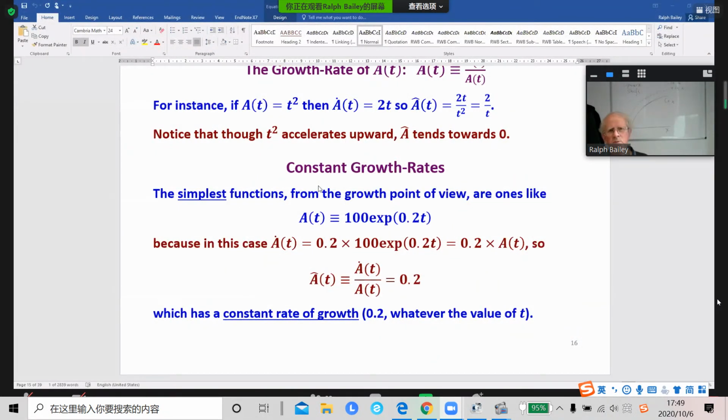If everyone who gets it infects a certain number of other people, greater than one, in a certain length of time, you'll get exponential growth. It has to end somewhere, if only because the population is finite. So functions of this type, 100e^(0.2t), have a simple growth rate. It comes out as 0.2, and our measure has shown that.